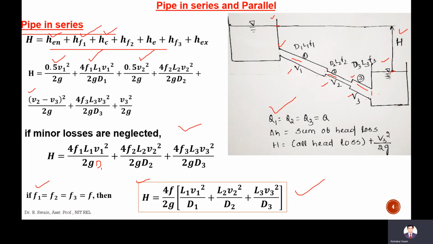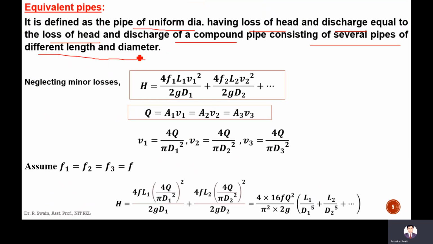If you replace these three pipes with one pipe of uniform diameter, the loss of head and discharge is equal to the loss of head and discharge of the compound pipe. This compound pipe means this series of pipes. Then, neglecting minor losses, this will be the general equation, that is 4f1 L1 V1 square by 2g D1, and its summation will be the total head.